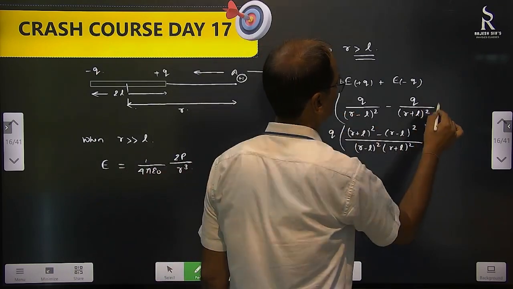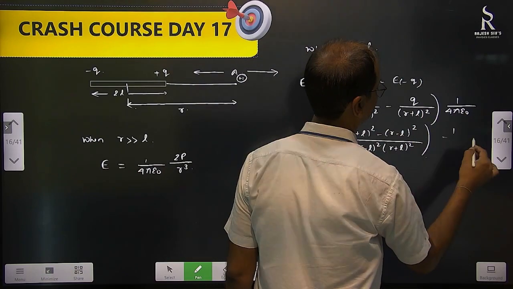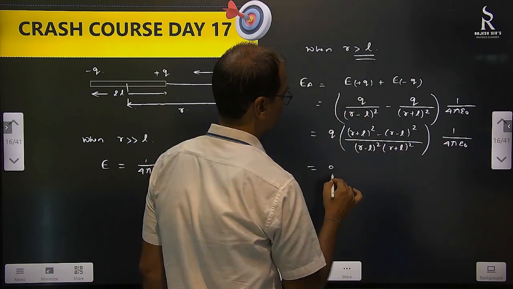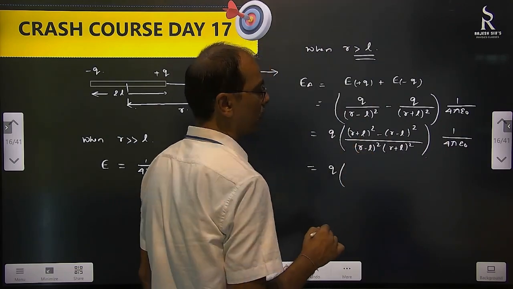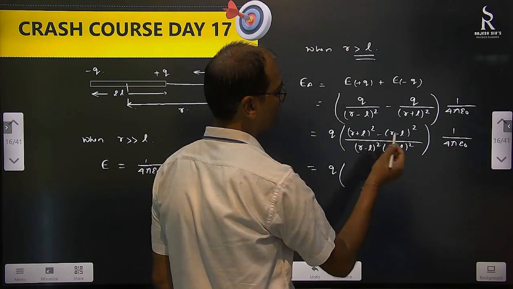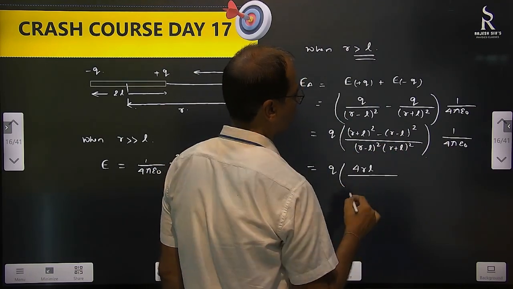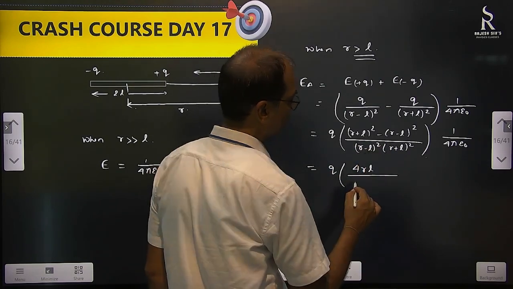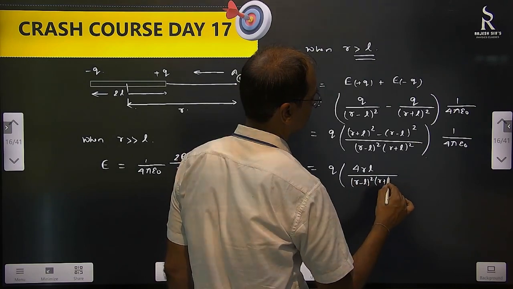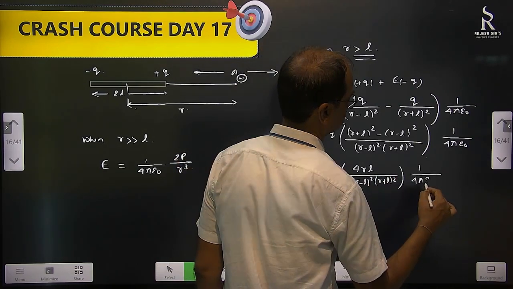Now square them: R square plus L square plus 2RL here, and R square plus L square minus 2RL there. So R square plus L square will get cancelled. What we are getting is 4RL by (R minus L) whole square into (R plus L) whole square, with 1 by 4 pi epsilon naught as it is.